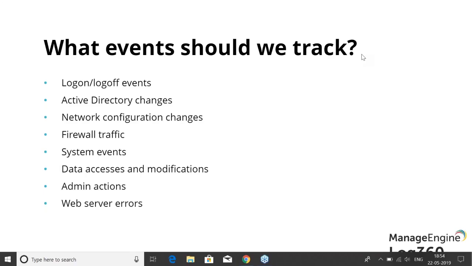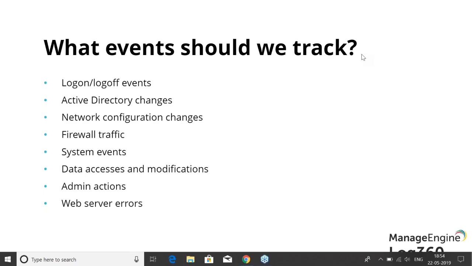Next is Active Directory changes. Changes happening in your Active Directory. For example, a change made to a user, computer, OU, group, GPO, all of these changes need to be tracked. What I mean to say by this is that logs for any Active Directory change is something that you need to be tracking.